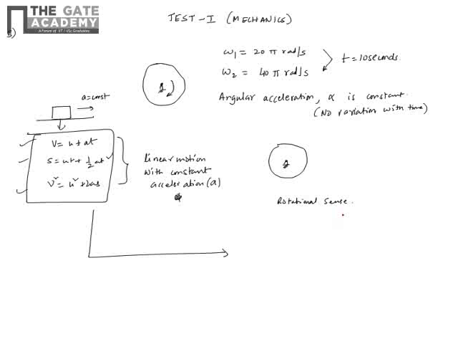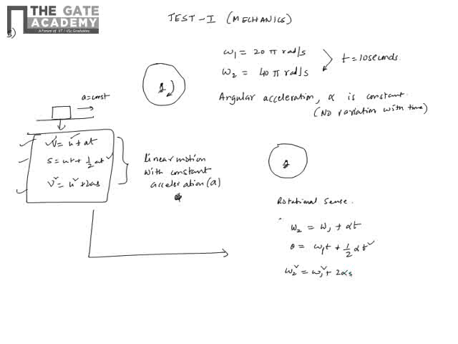Similar to these, we have omega. Here v was final and u was initial, so I am calling omega 2 final and omega 1 initial. So the three equations transform in this way.